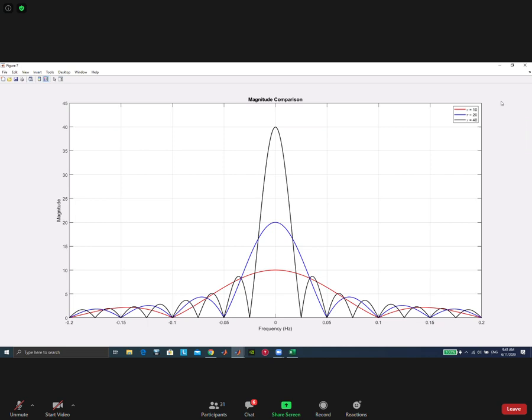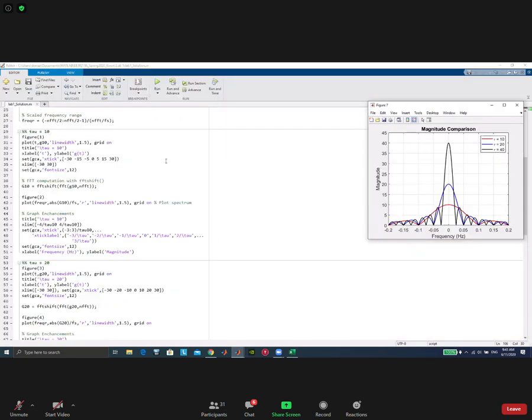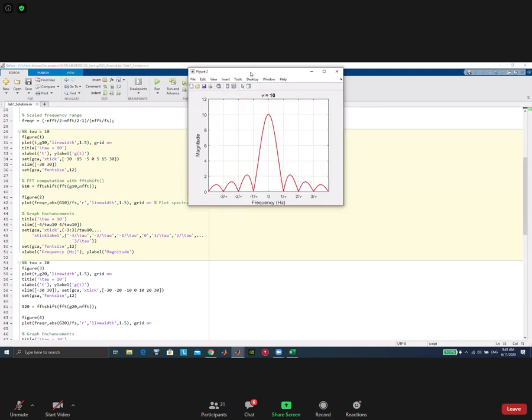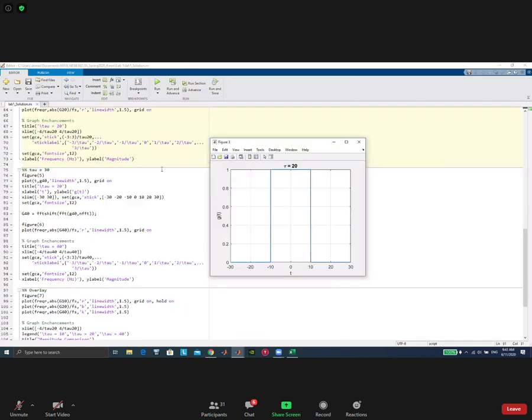The one thing I really want you to see and notice is that, so I'm going to go back and run this graph, and also pull this graph.